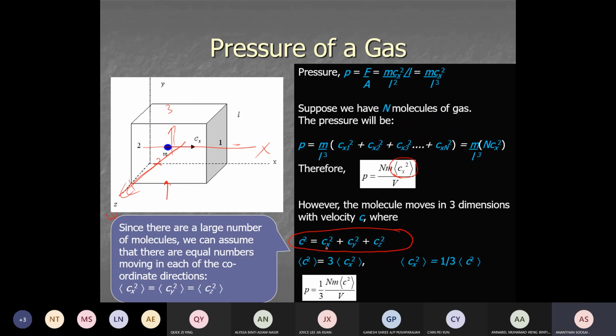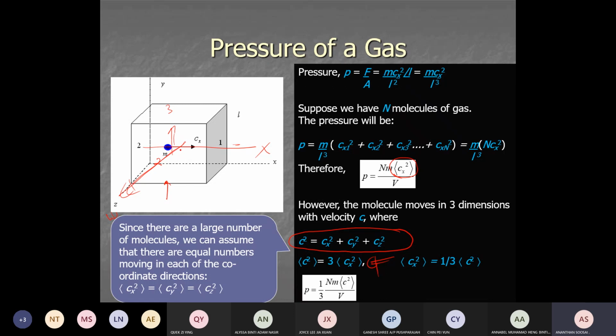So cx squared, cy squared, cz squared add up to c squared, but they are each the same. So c squared is actually 3cx squared, because pressure in all directions is the same. So we say the same number of particles move in these three dimensions.